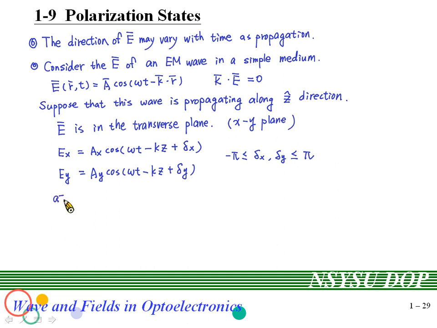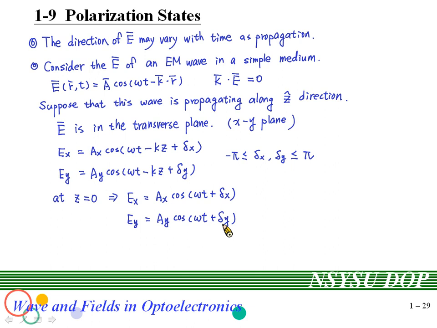Because as we choose the point z equals 0, we can have a simpler form of E x and E y. That is, we will then have E sub x is A x cosine of omega t plus delta x, and E sub y can be expressed as A sub y times cosine of omega t plus delta y.